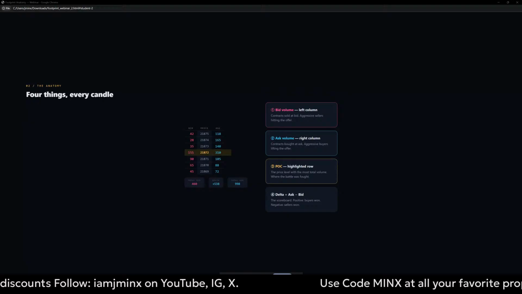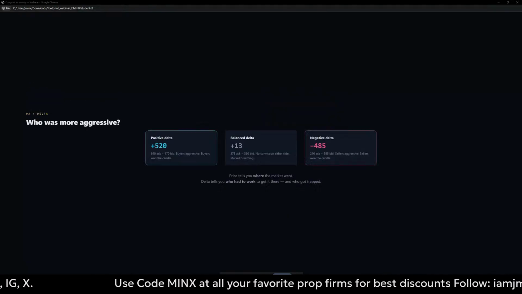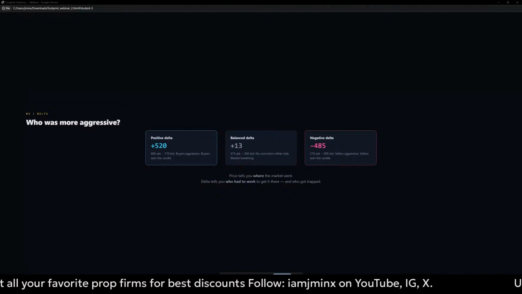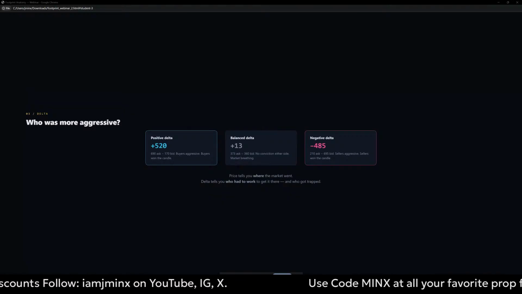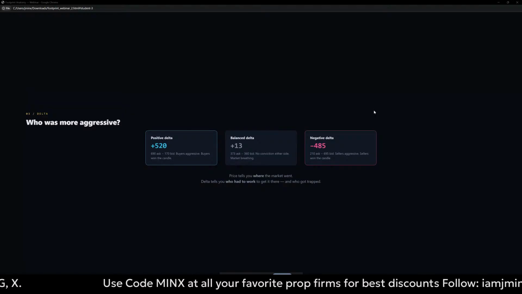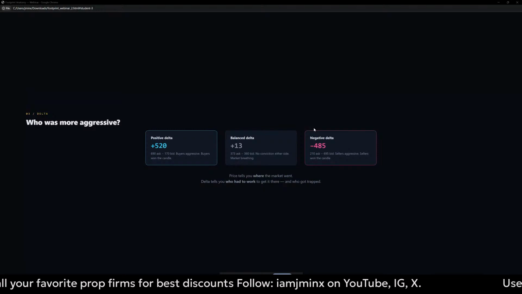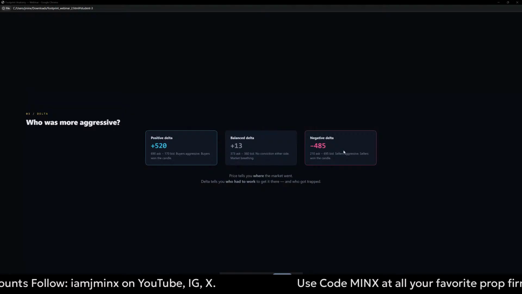Okay, so if we look here, delta is the most important number on footprint candles. Even if you're just looking at a basic footprint without any bar markers or anything like that, you want to look for the delta.